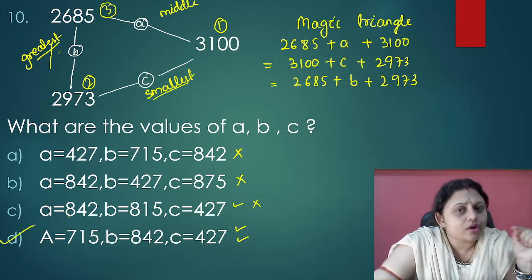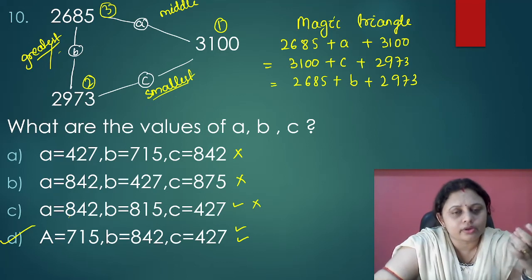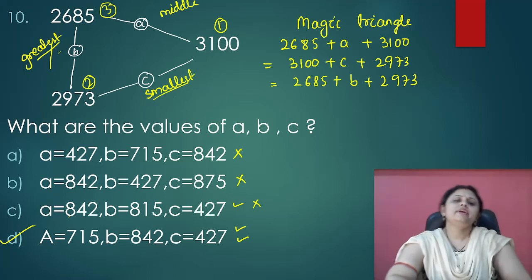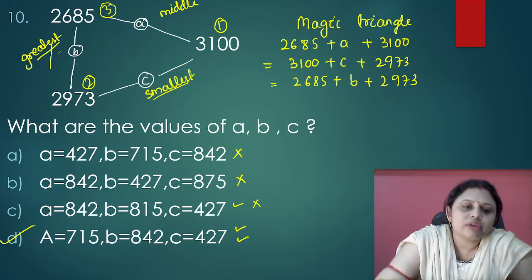If you are unable to understand this question, just replay the video and you will be able to understand. Whenever there are two larger numbers, you have to add the smallest number in case of a magic triangle. In case of two smaller numbers, you have to add the greatest number. So in all the options A, B, C are present, so we have to find where C is smallest.